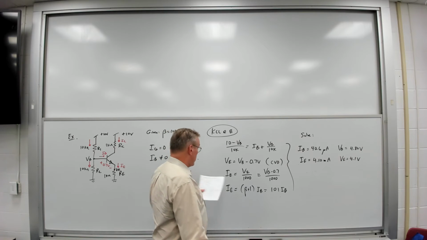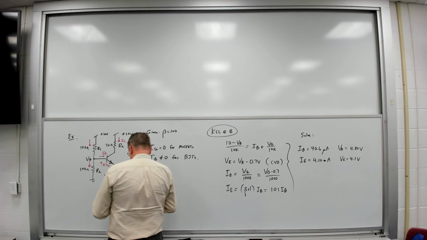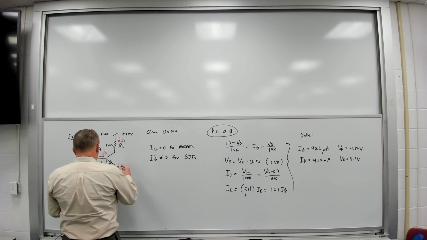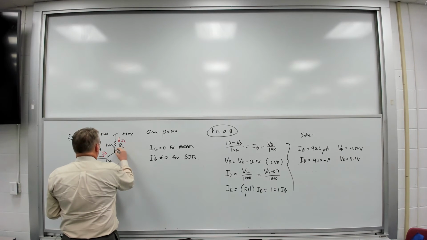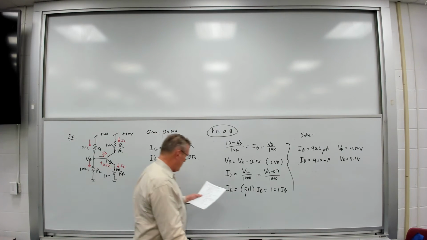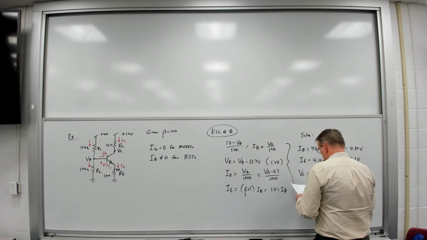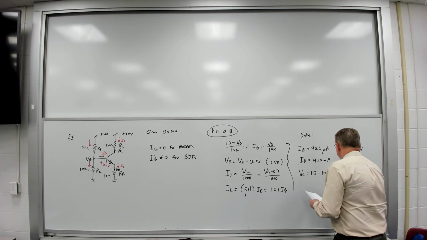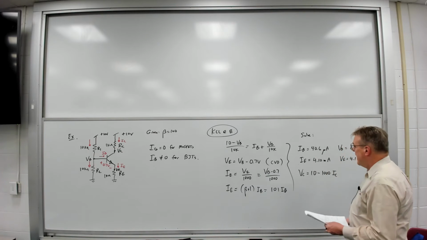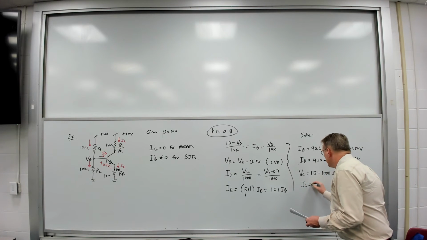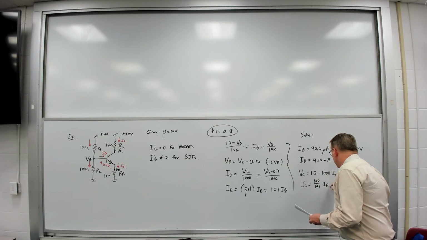I also can calculate VC. VC will be equal to 10 minus 1,000 times IC. IC will be equal to 100 over 101 times IE.